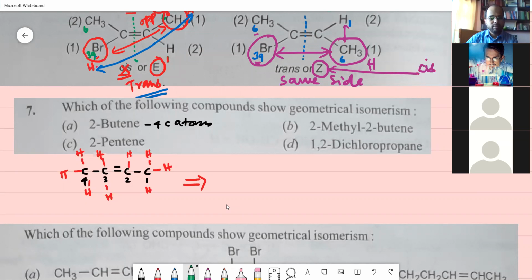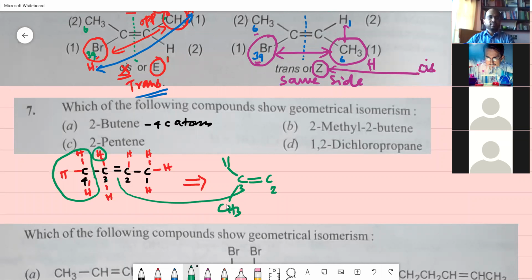Across the double bond, I will bring the double bond first here. C, C. This is the second and this is the third. So the third atom is connected to one CH3, I am putting it there. And the third atom is also connected to one H here. The second atom is connected to one H, and the second atom is connected to another CH3.